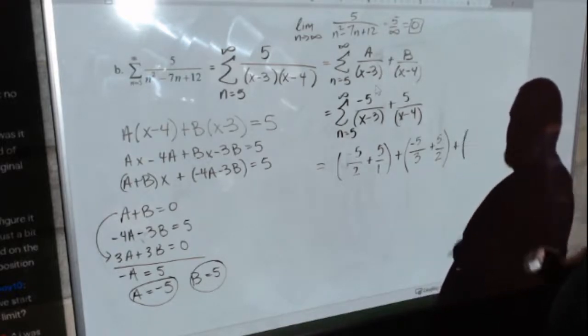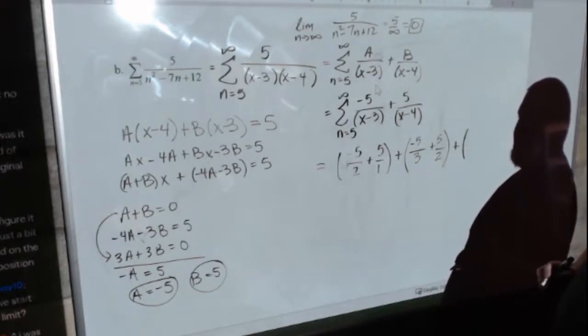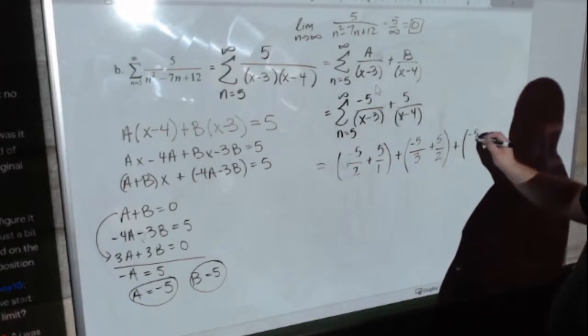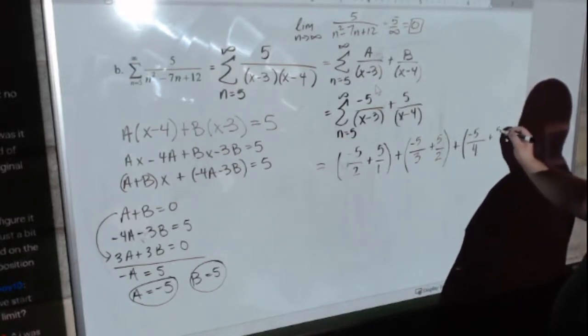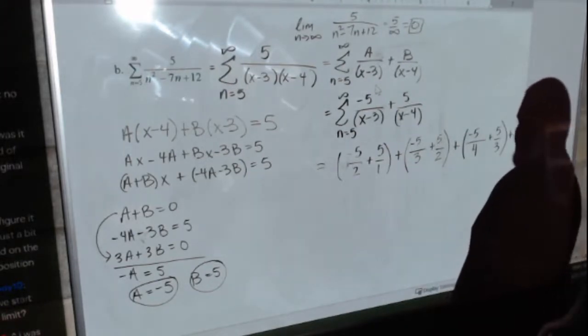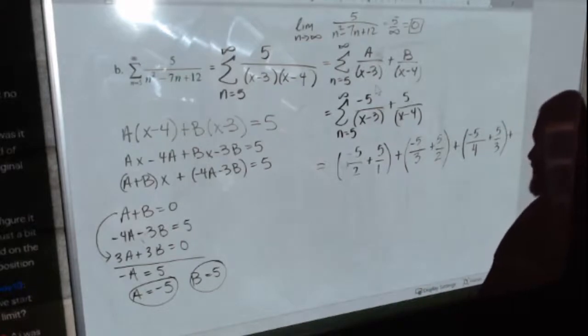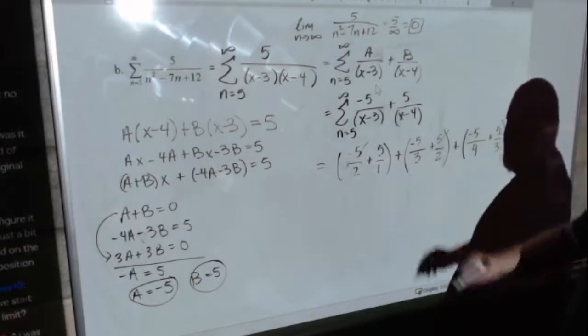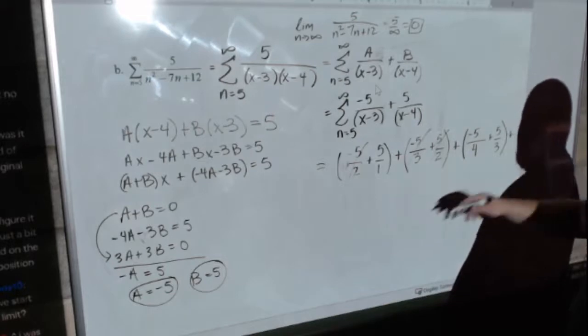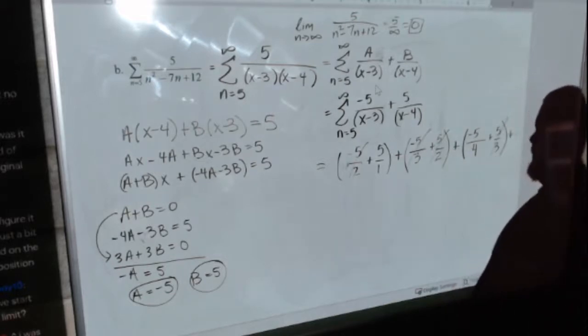Let's go ahead and do another one. Plug in n equals 7. And we can do this all day long. 3 is usually enough to see the pattern. So I've got minus 5 halves, plus 5 halves, minus 5 thirds, plus 5 thirds.